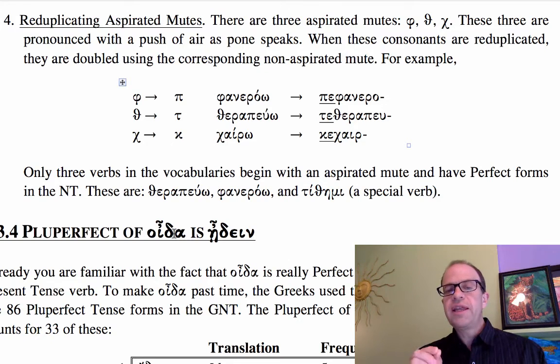Now, to reduplicate these, the reduplication will take off that breathing that formed the consonant, and you'll be left with a hardened sound that corresponds with the aspirate. So phi will go back to p, and theta will go back to tau, and chi will become a kappa. So you can see how these forms are reduplicated.